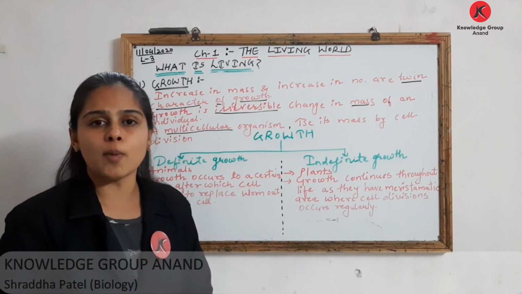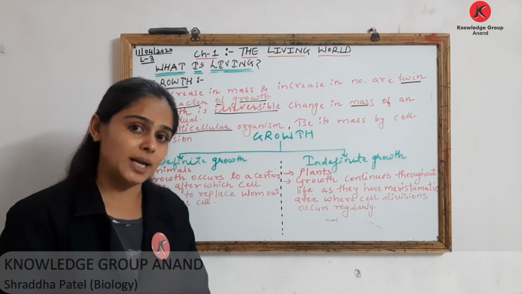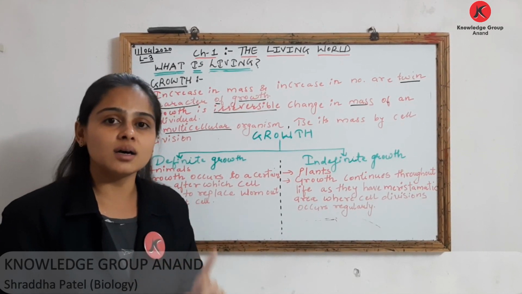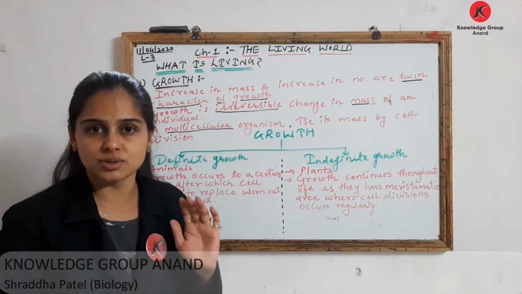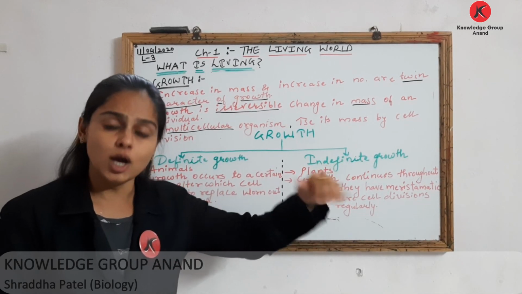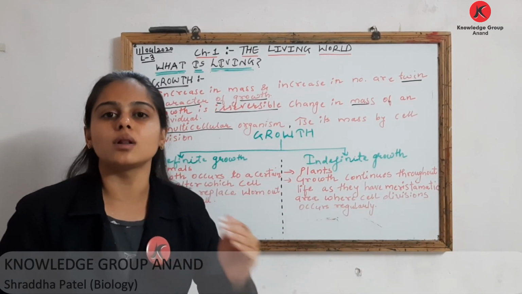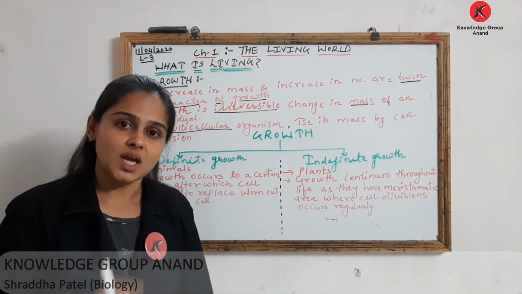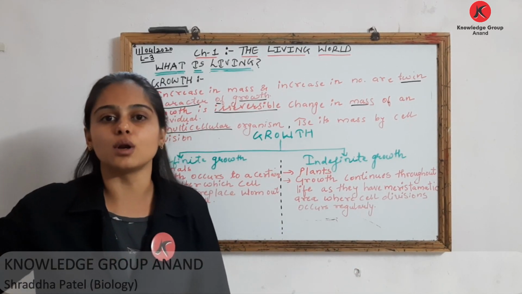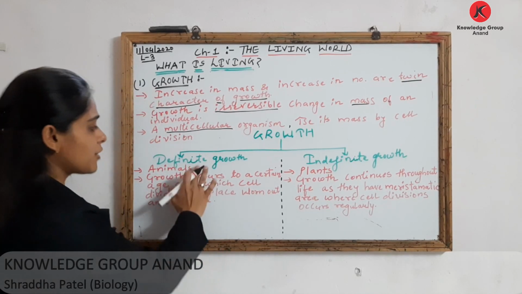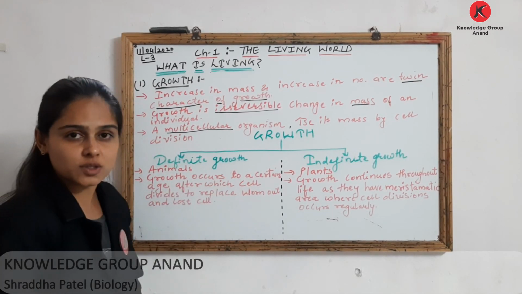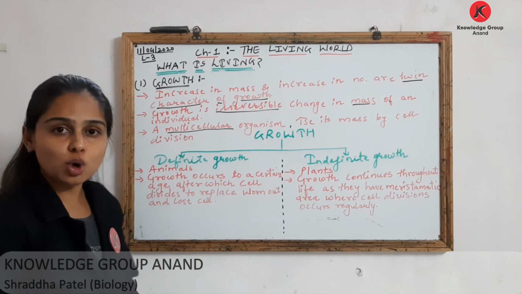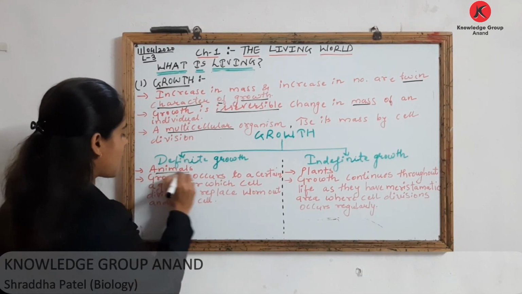If we are talking about definite growth, इसका मतलब ये होता है कि growth occurs up to a certain age. एक लिमिट तक ग्रोथ होता है, उसके बाद growth will stop. Whereas indefinite का मतलब क्या होता है? It goes lifelong.